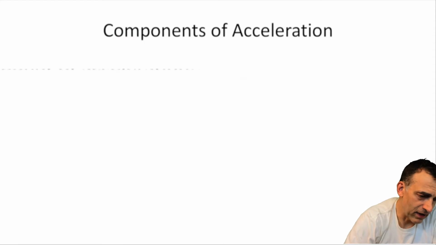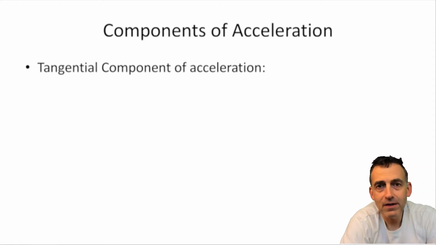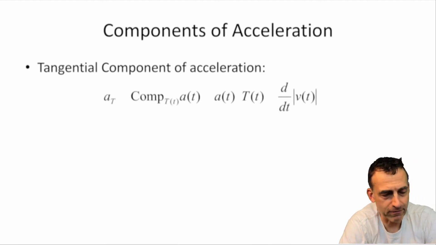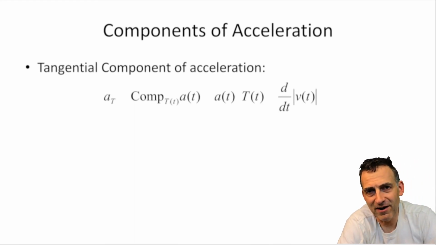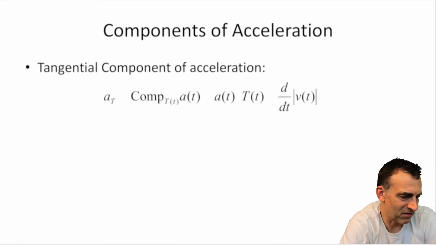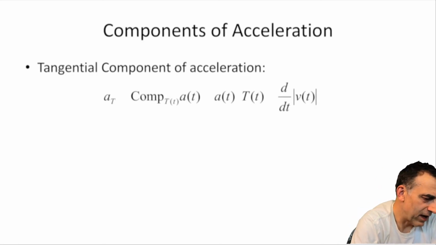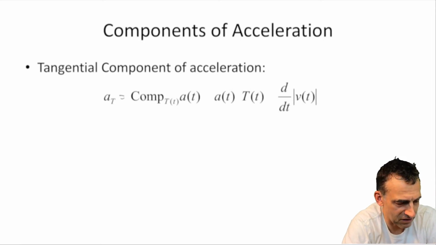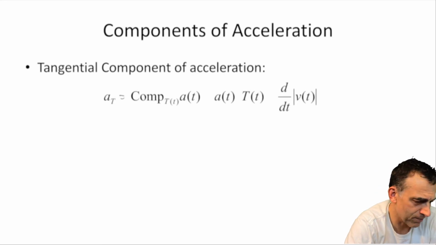Okay, so getting back to components of acceleration. The tangential component of acceleration, you're going to compute in one of the following ways, but I'll tell you right now, it's the last way that's going to be the easiest. It's called a sub t, and it equals the scalar component of the acceleration in the direction of the tangent vector.